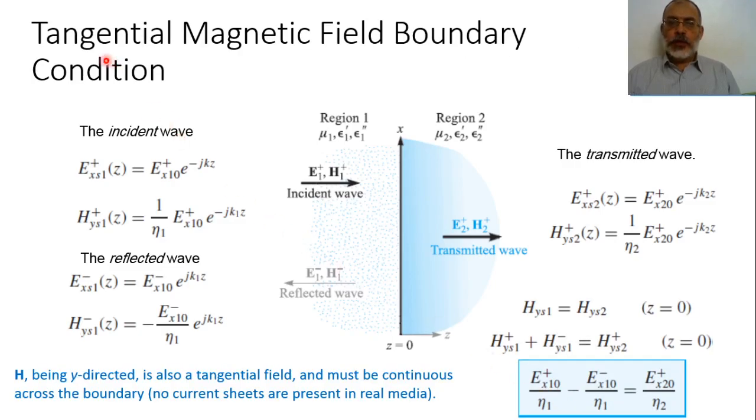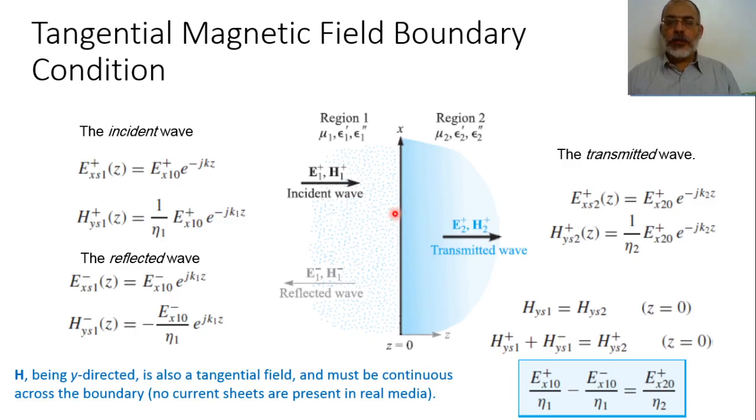So the tangential magnetic field boundary condition states that the total tangential magnetic field at region 1 minus the total tangential magnetic field at region 2 equals the surface current at the interface between region 1 and region 2.